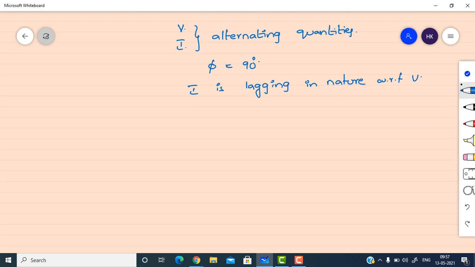All the phasor diagrams will be drawn with respect to a reference. Here I have two alternating quantities. With respect to the positive x-axis, I will draw the phasor. Let us assume this is the positive x-axis.